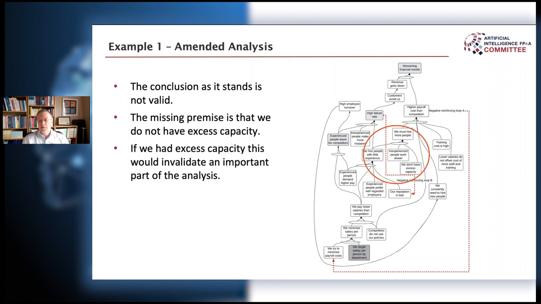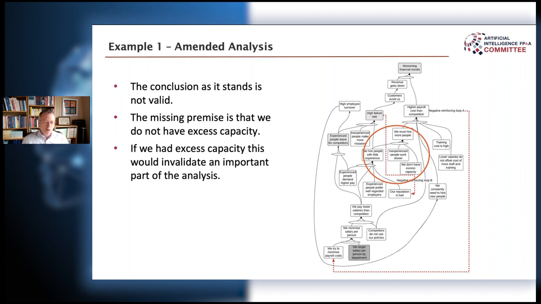We have to also assume that we don't have the excess capacity. So this is an example of how we can use the AI to improve a logical analysis. And if actually this factor is missing, it means basically that the conclusion is also not valid. And basically, the whole analysis is invalid.